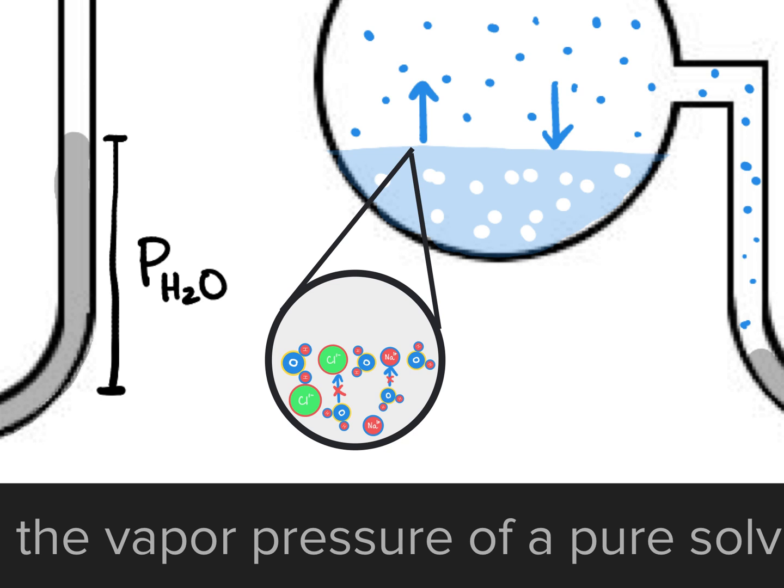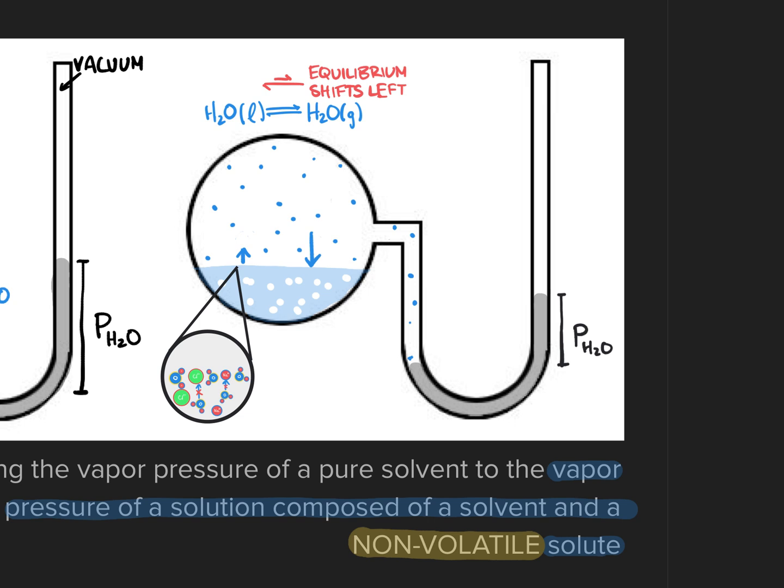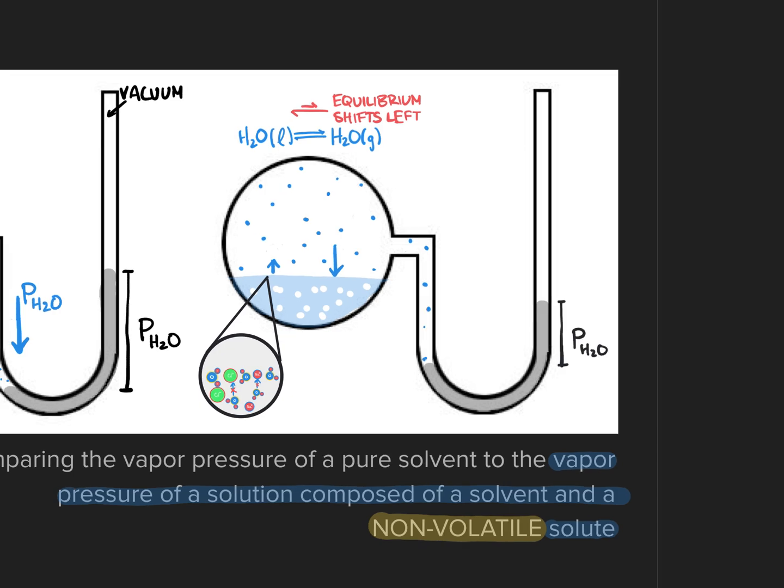And as such, you can think about the addition of the solute as essentially diluting the solvent. With fewer solvent molecules present at the surface, we'd expect the rate at which the solvent escapes into the gas phase to decrease, and therefore we would expect to see at the equilibrium point a lower concentration of gas phase particles present in our system, and correspondingly a lower vapor pressure of the solution overall.